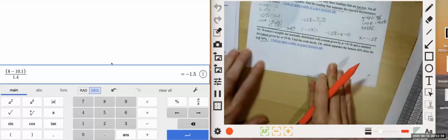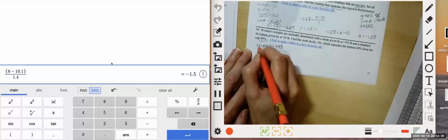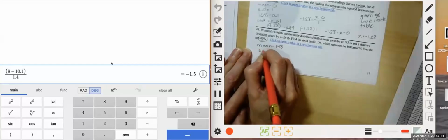Okay. So women's weights are normally distributed with a mean of 143 pounds and a standard deviation of 29. Find the 6th decile.